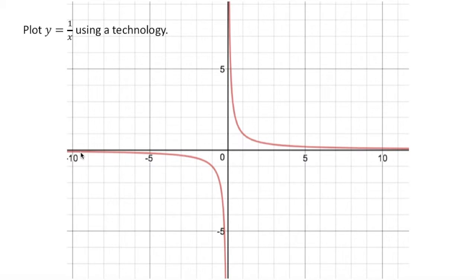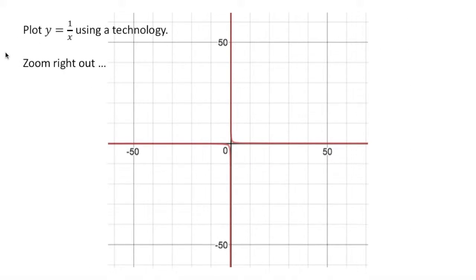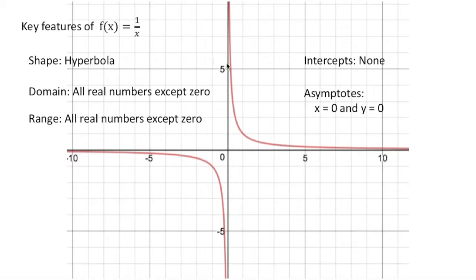Some key features you need to know about the graph y equals 1 on x: when we zoom out, you can see it gets closer and closer to the x-axis and closer to the y-axis. It's almost merged with them. The shape is called a hyperbola.